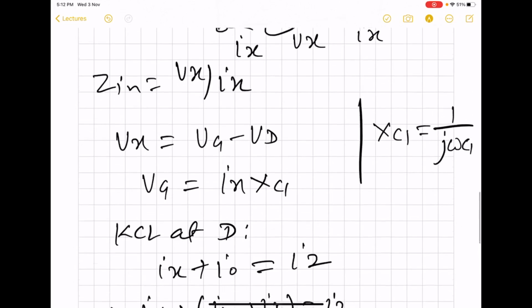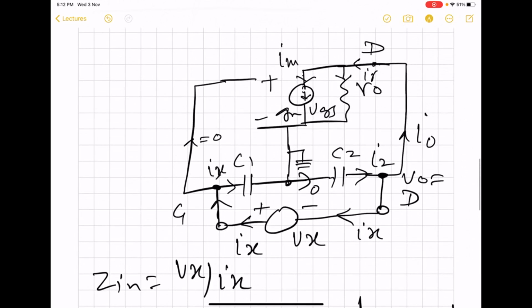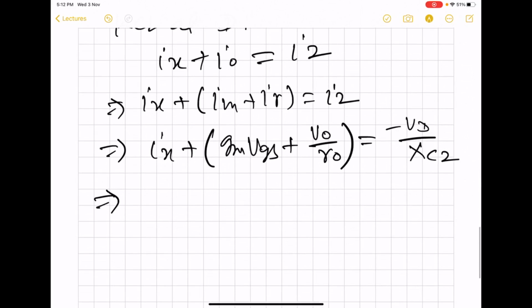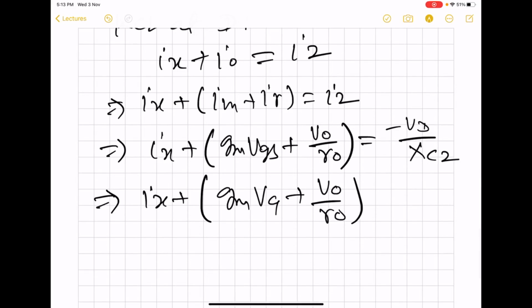We will be calling it VD, VO is the same as VD. And this VGS is actually equal to VG because the source is grounded.